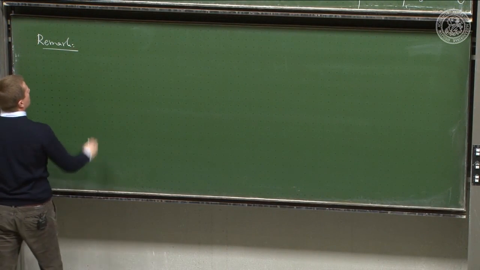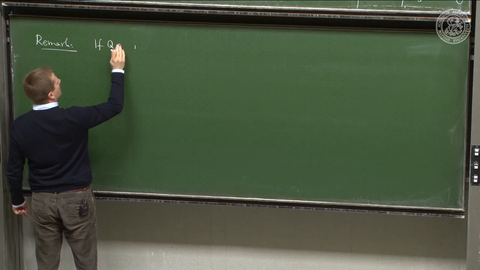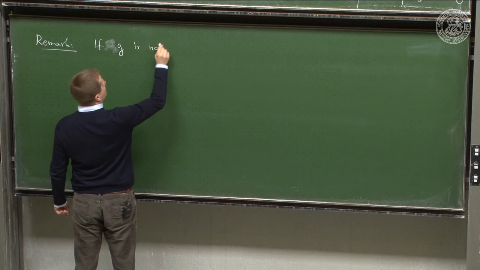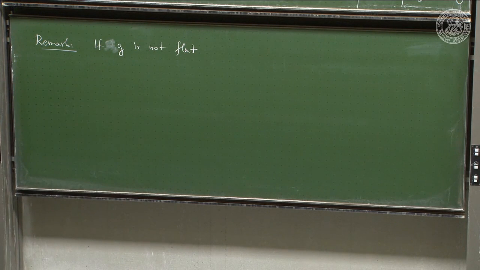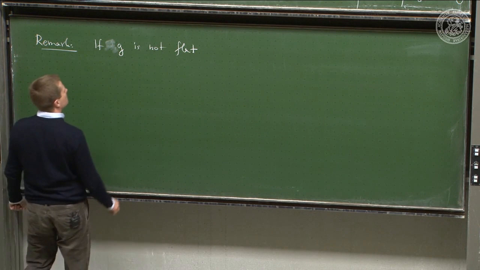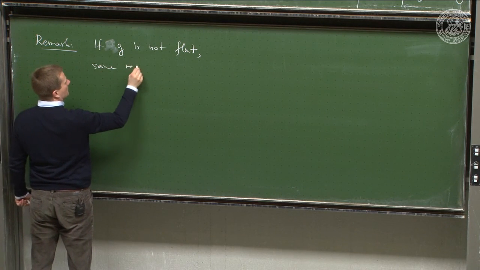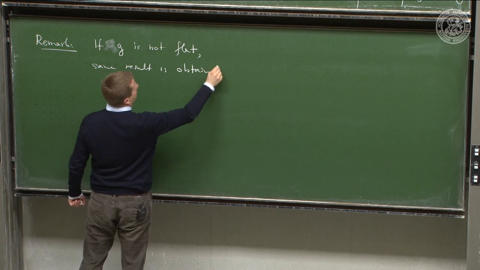I said it already. If G, QG, Q is now dangerous. If G is not flat, so if it depends on the Q's in any coordinate system, the same result is obtained, and it's really not more difficult, it's just more writing.